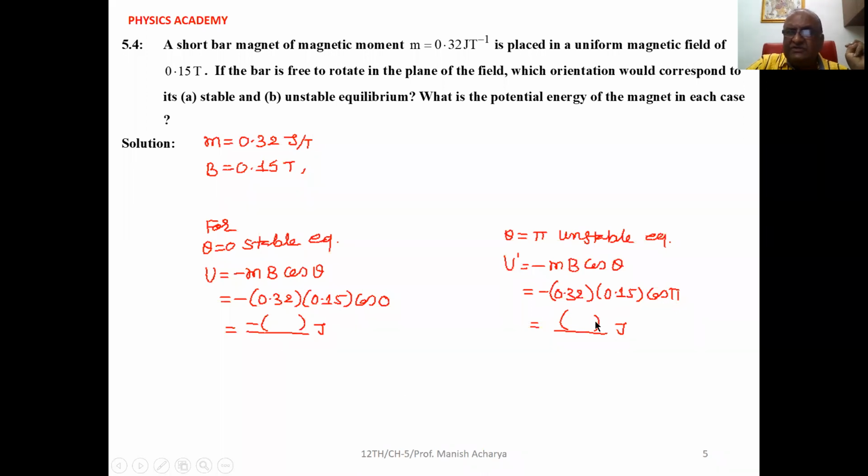So the magnitude of both answers will be the same, but for stable equilibrium the potential energy is minimum, with a negative sign. And for unstable equilibrium the potential energy will be maximum, that will be plus mB. Clear to all of you?